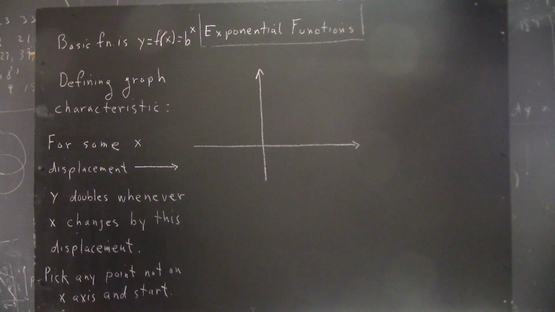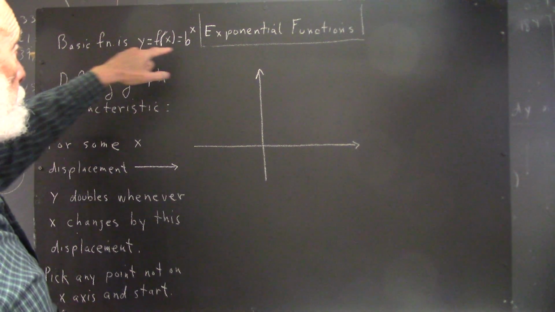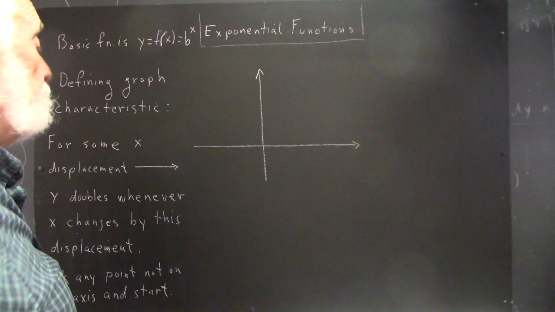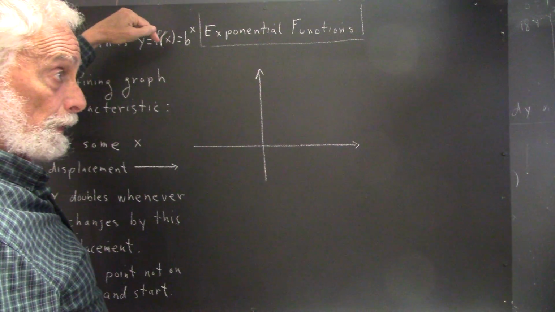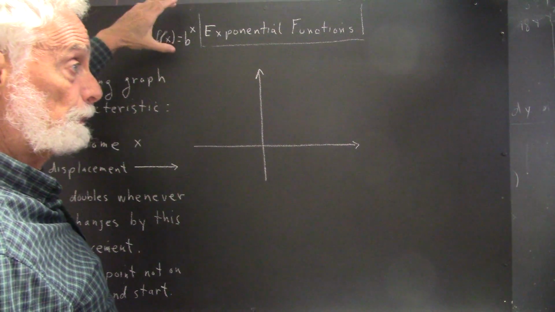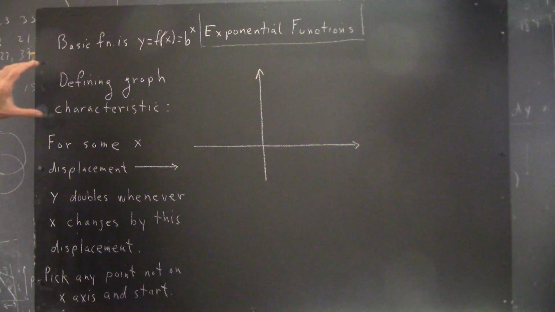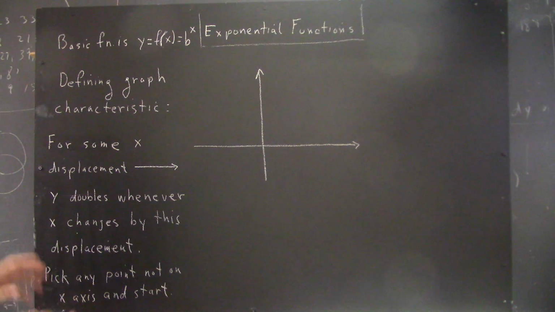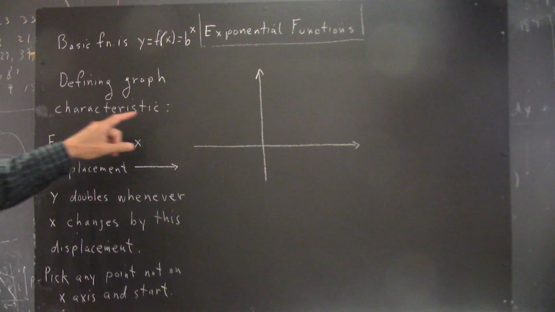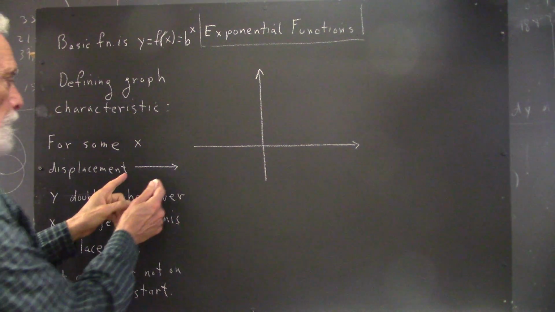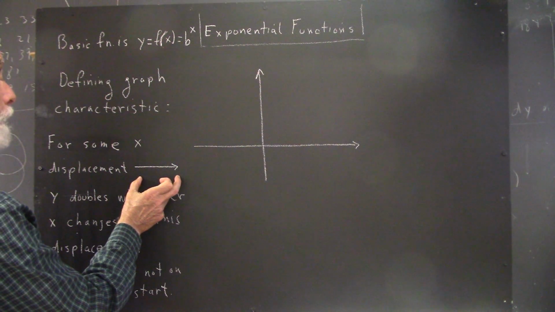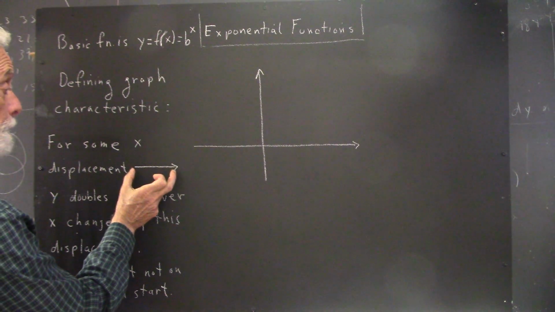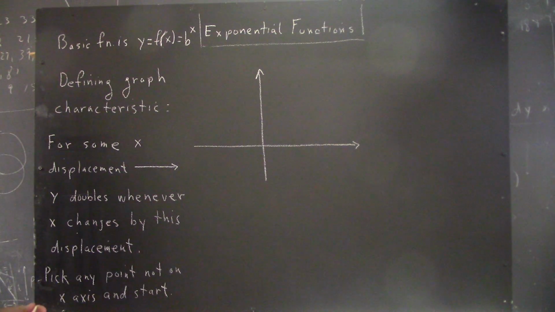Okay, the defining graph characteristic for any graph defined by this function, or as was the case with power functions, any constant multiple of this function, any function a times b to the x, is this: for some x displacement represented by this arrow, and this is just by how much x is going to change, we'll see that in a minute when I demonstrate.